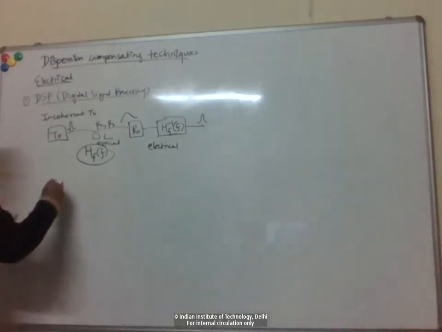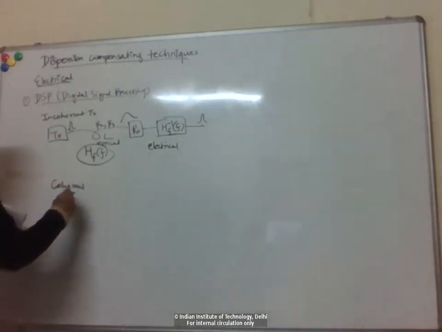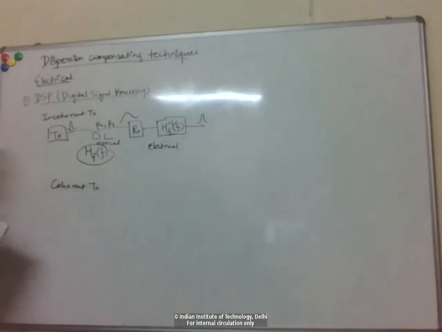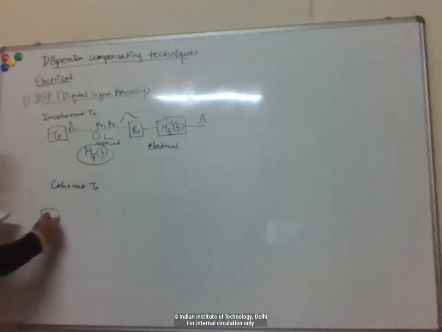So for coherent sources, which are typically used in modern day systems, of course now we can't model the fiber as some transfer function, but we know what the effect is.